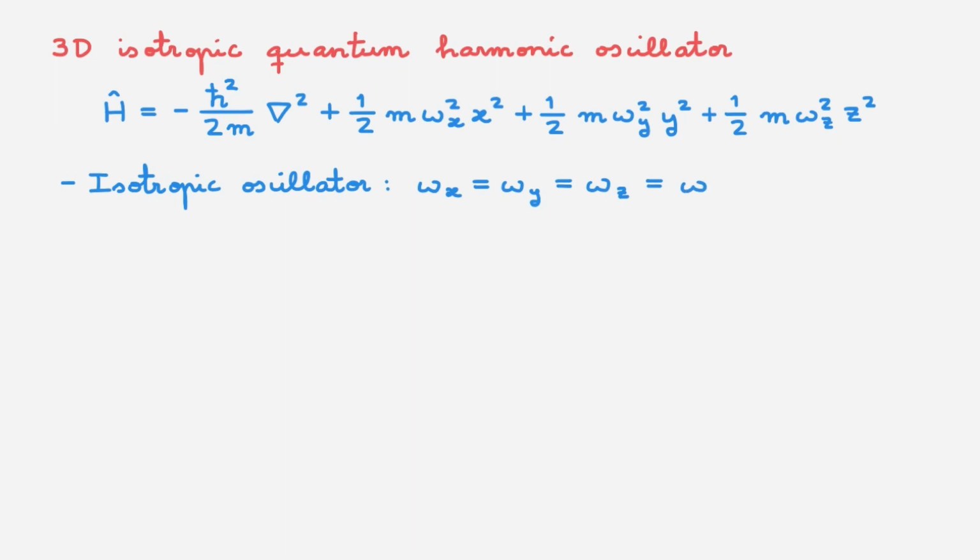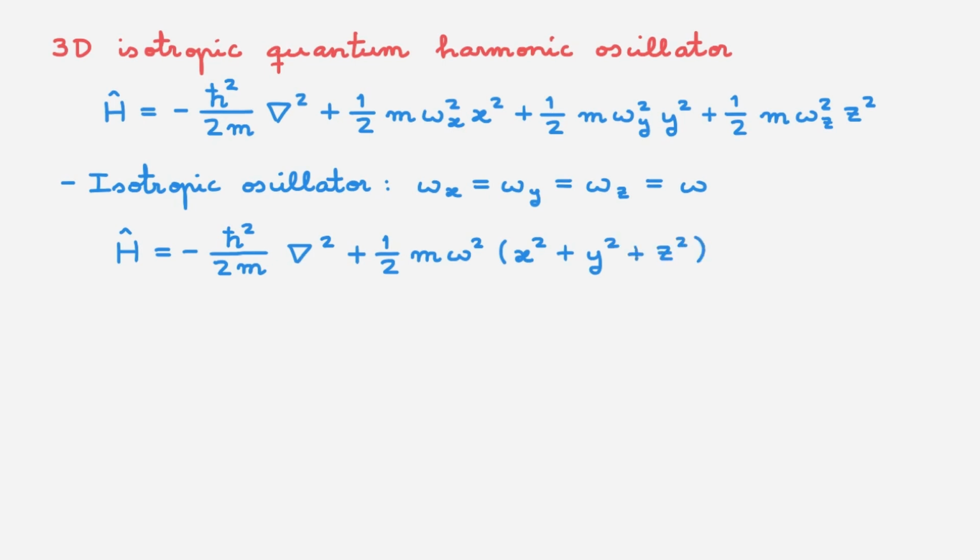We can then rewrite the Hamiltonian with the same kinetic energy, and for the potential energy, we can take this common factor multiplied by this sum of squares, and with this we can see that the potential no longer depends on the individual x, y, and z, but only on the sum of the squares.